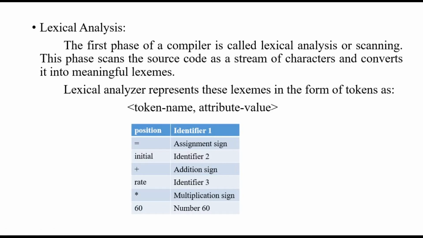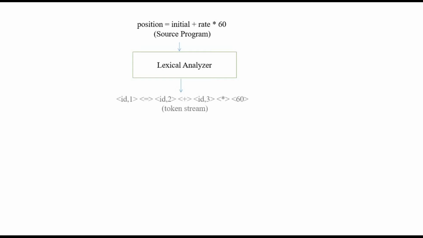So how is this source program, position = initial + rate * 60, identified after lexical analysis? First, your source program is given to the lexical analyzer, which generates a token stream in the form of identifier 1 equal to identifier 2 plus identifier 3 times 60.